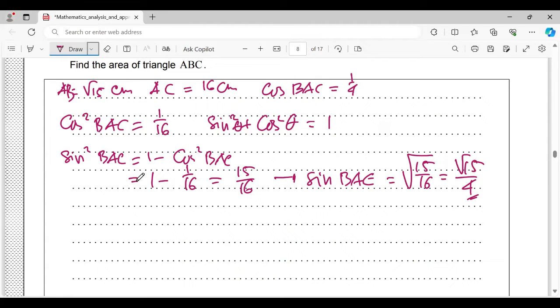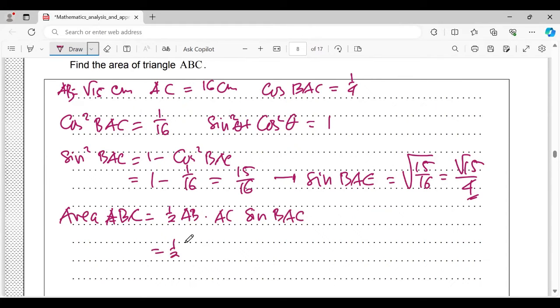Next, we are going to calculate the area. Area ABC equals half times AB times AC times sine BAC.